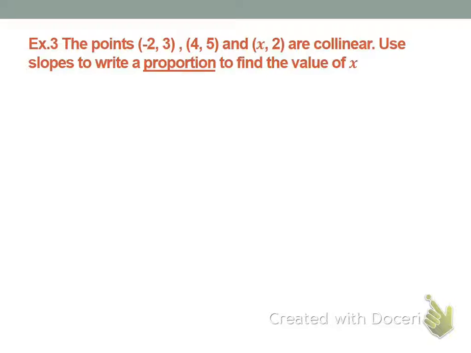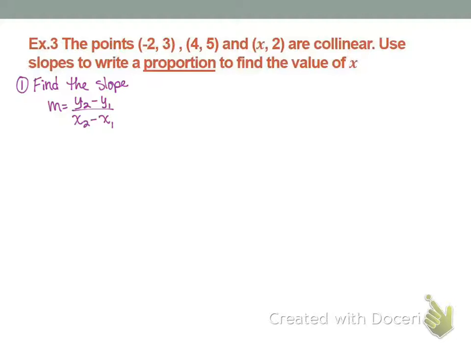If they're all on the same line, then any pair of points should calculate the same slope. So we're going to start this problem by finding the slope of the line, which means we want to use the 2 points where we know all the numbers. So if you want to write yourself some little steps, step 1 would be to just find the slope. In order to do that, I better know my formula for finding slope. M equals, we don't start with x's, we start with y2 minus y1 over, good.